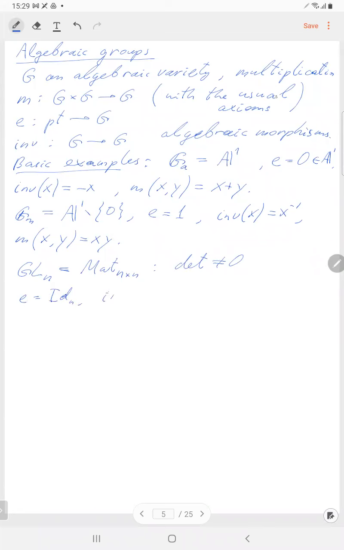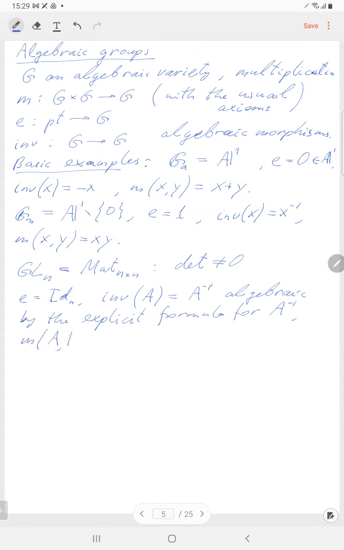The inversion is the usual inversion, and now this is an algebraic morphism just by some standard formula for algebraic complement. And multiplication is the usual multiplication of matrices.